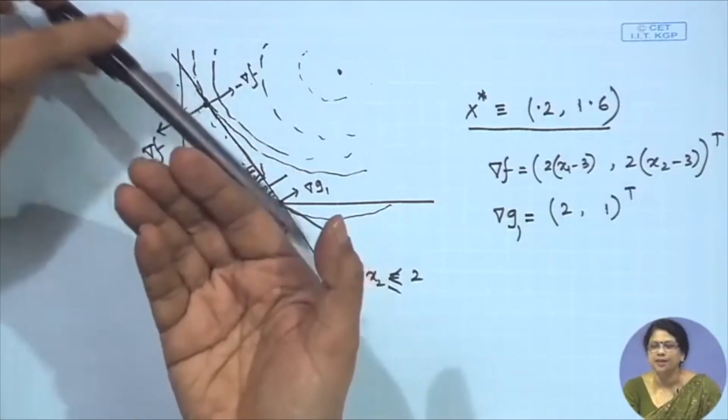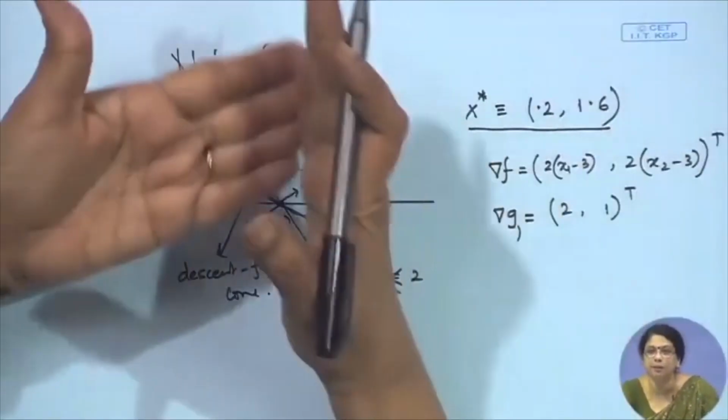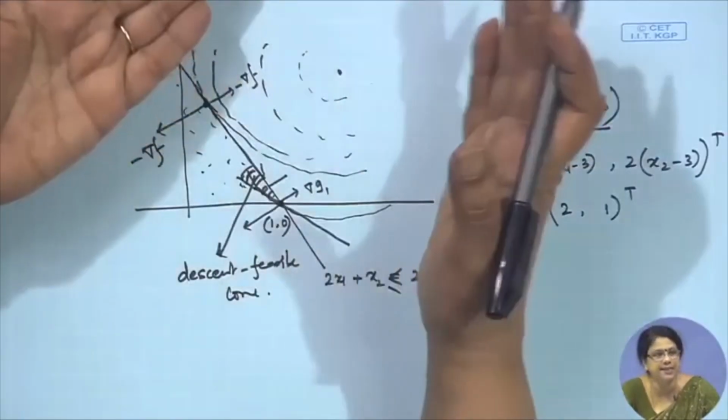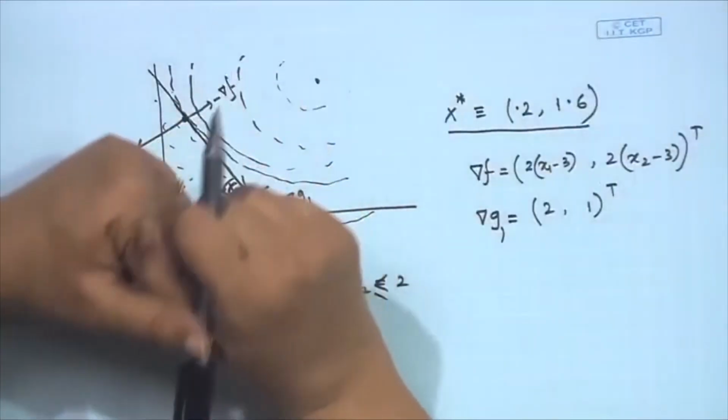What is the feasible direction? If I ask you what would be the combination of the feasible and descent direction, that is empty, because there is no point which falls under feasible as well as the descent direction at the optimal solution. There is no intersection region of these 2 spaces, one this side, another this side.